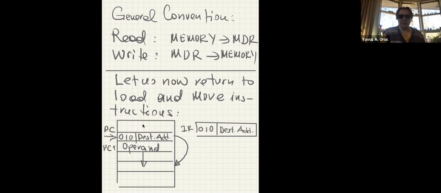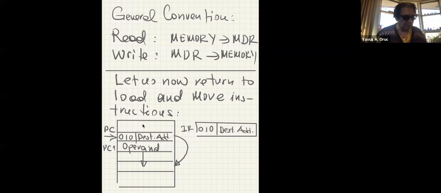That's okay, because all we want to do at this point is to use the value of the program counter to grab something from memory, push it into the MDR, and then push it back into the address that is sitting in the instruction register.